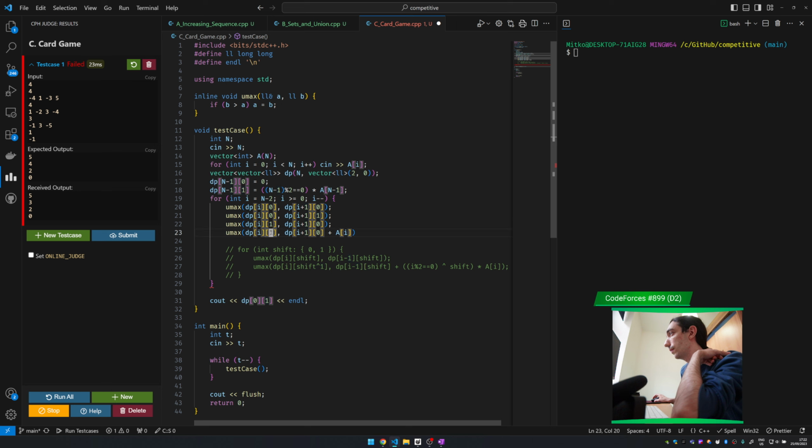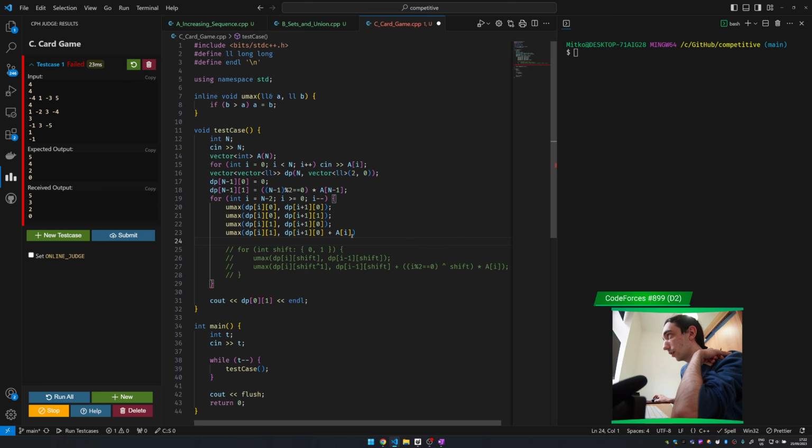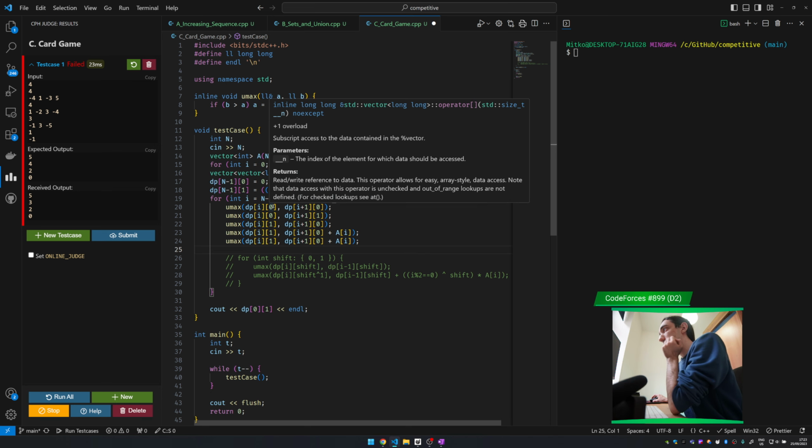This we can get if I buy something here, then I buy this element, get plus AI, but also, did I miss something? Of course I did.